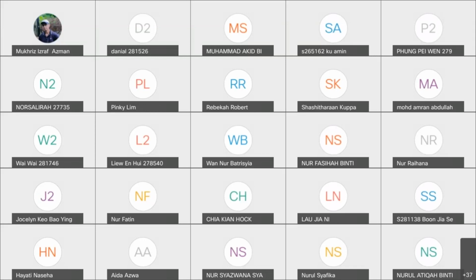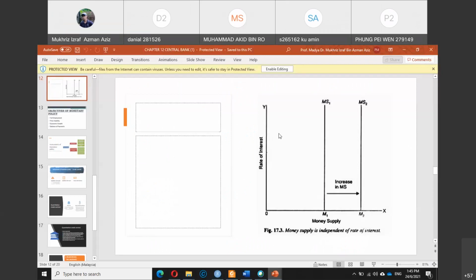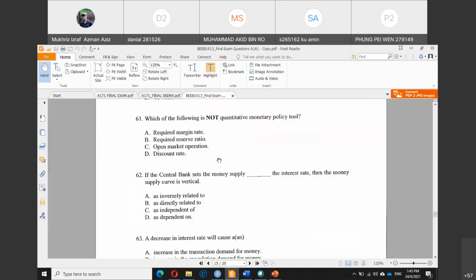In chapter 12, if you look at the slides from the second slide, you can see that we already discussed the money supply being vertical, which is not affected by the interest rate.